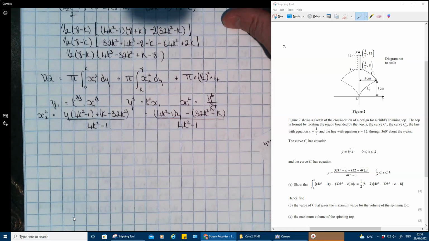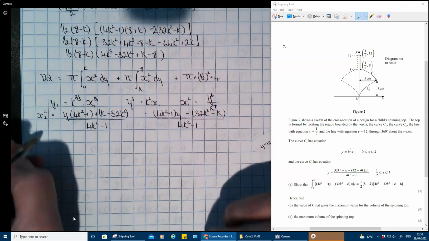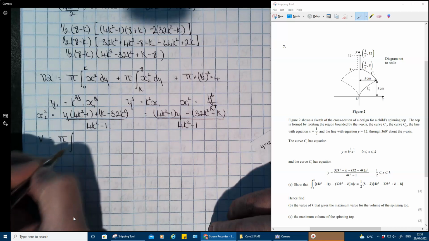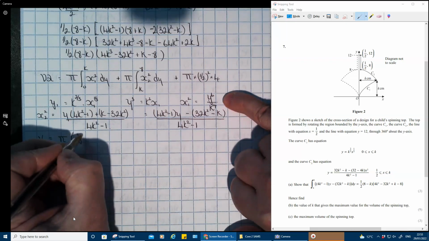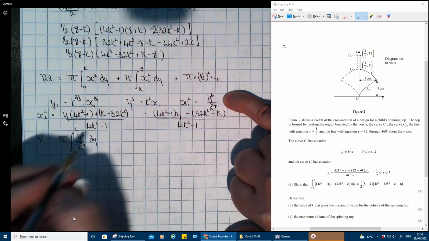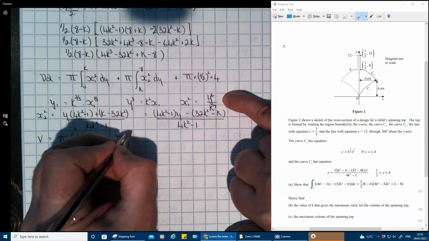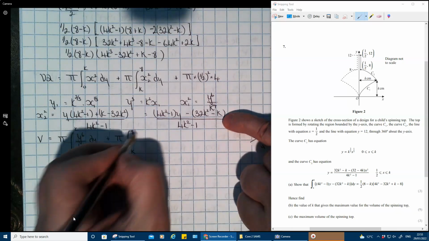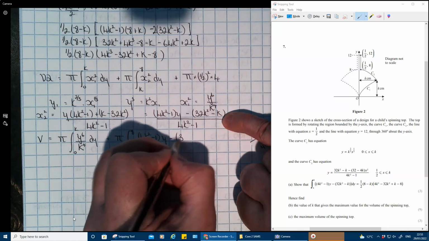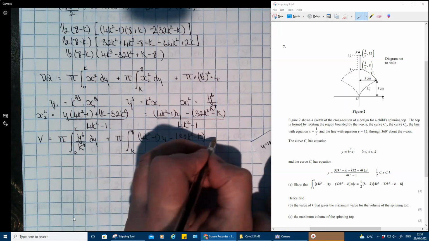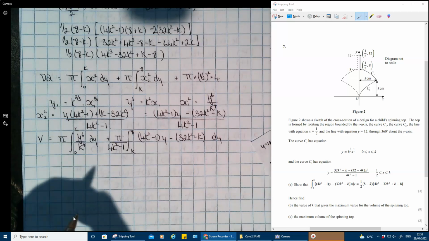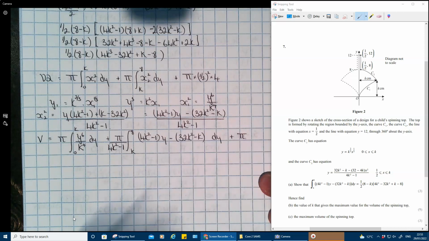Okay, so the volume, let's plug into the formula. Go back to this line here, it's pi times the integral of x1 squared, which was y to the 6 over k to the 4, k and 0, pi times the integral from 8 to k of x2 squared, which is 4k squared minus 1 y. I'll bring the factor of 4k squared minus 1 out so we can recognise it from earlier, and then we've got to add on pi.